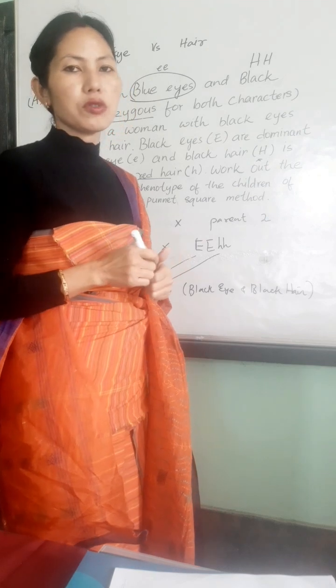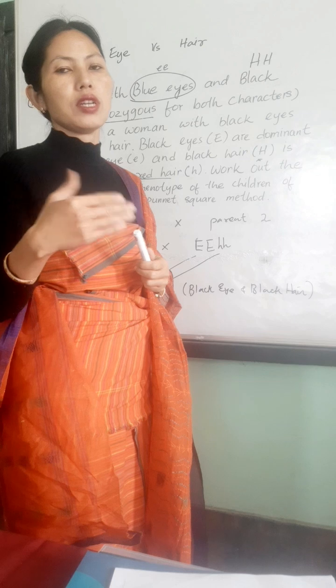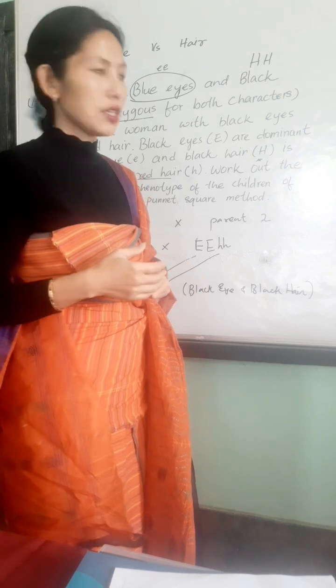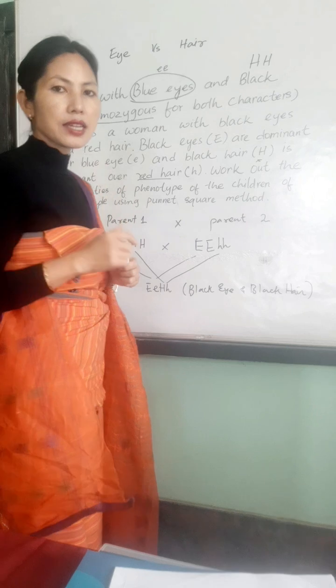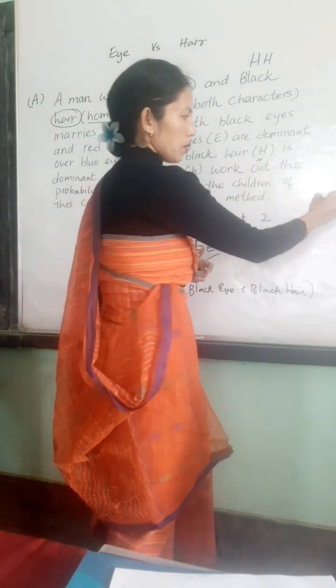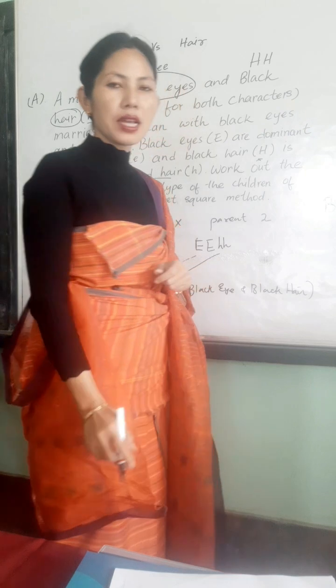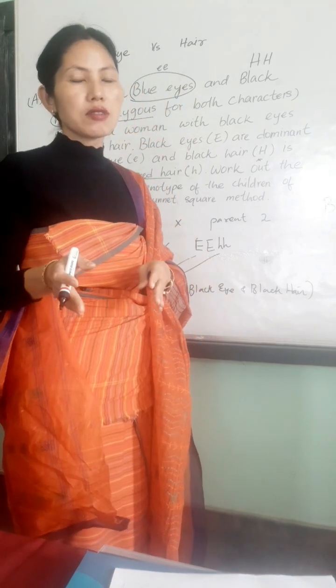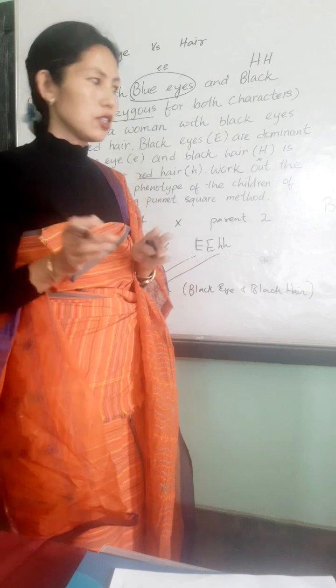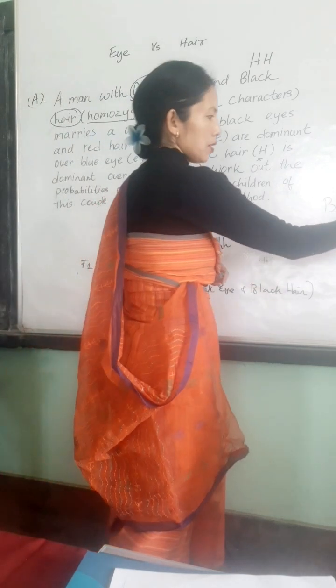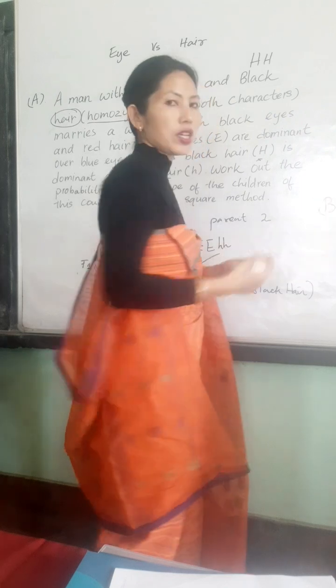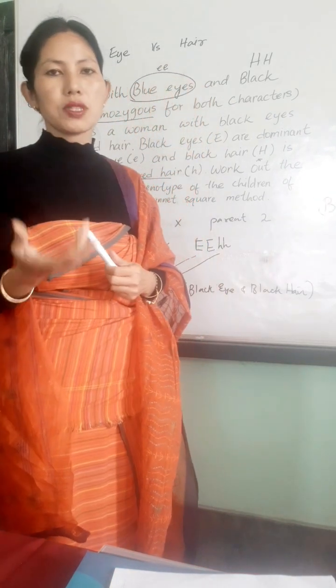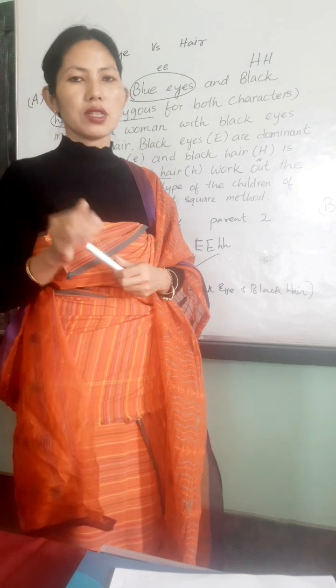The dominant trait you will denote with the uppercase, the capital letter. For example, here since black eye is dominant, you will probably use capital B for black, and its contrasting trait, say the blue eye, will be small b.